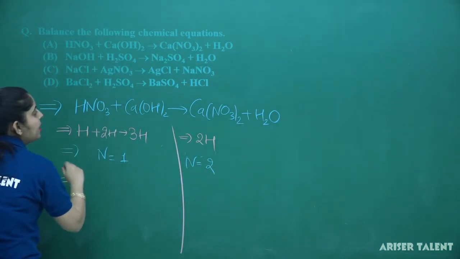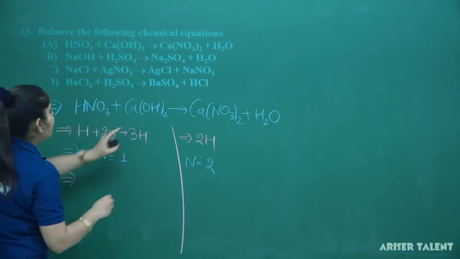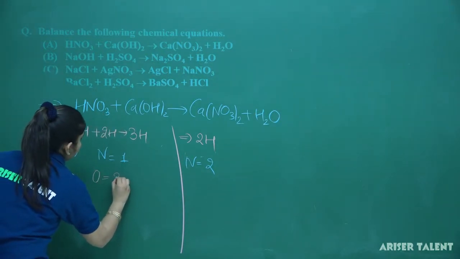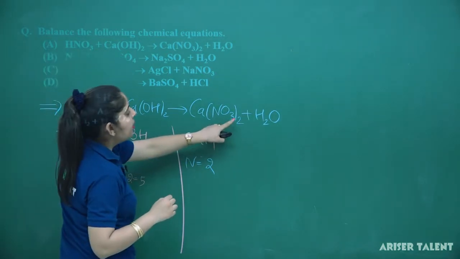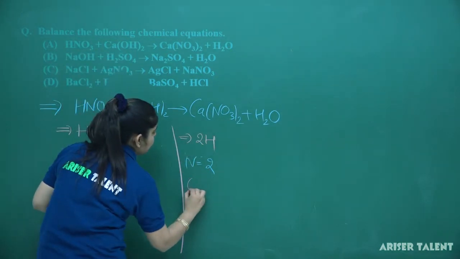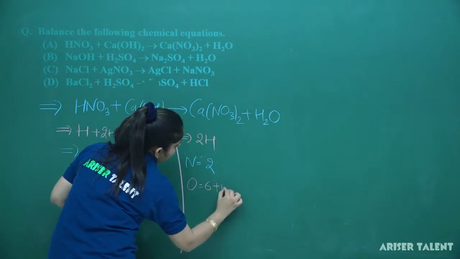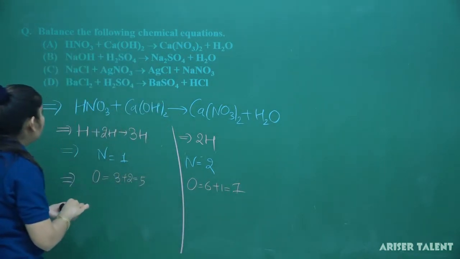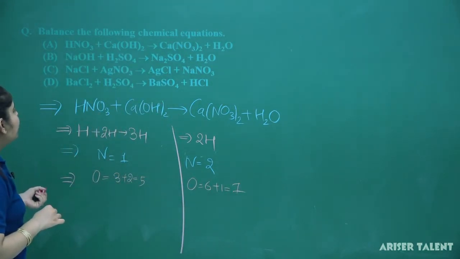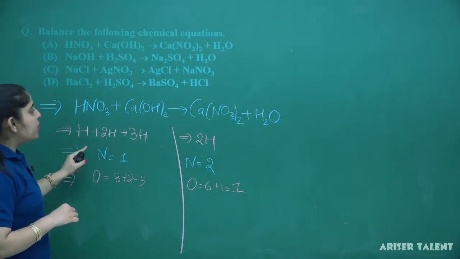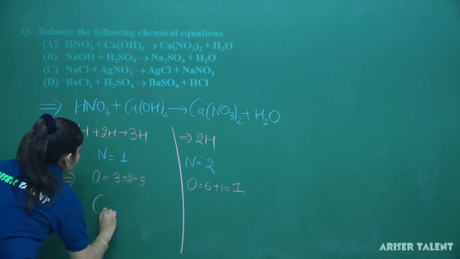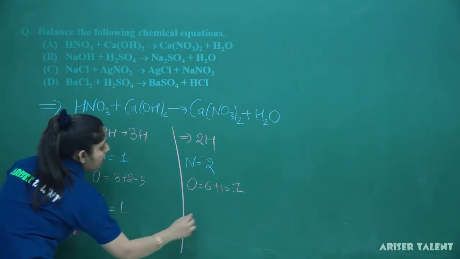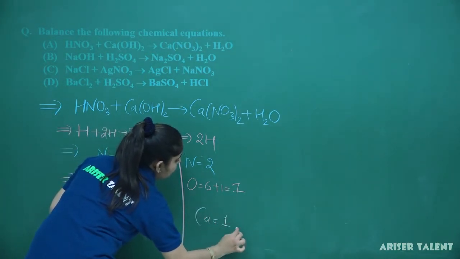Now coming to oxygen, here it is 3 plus 2, 5. This is 3 into 2, 6, 6 plus 1, 7. We are left only with the calcium atom. So calcium here is 1 and again calcium here is 1.